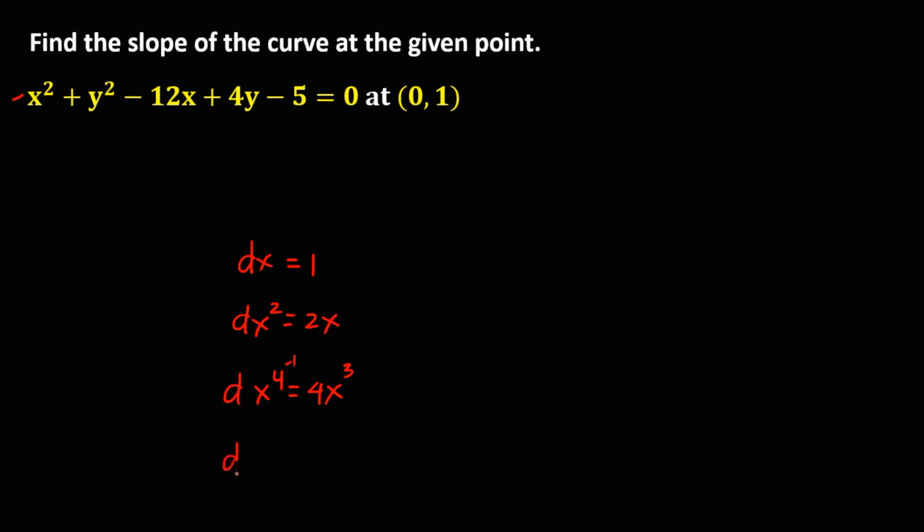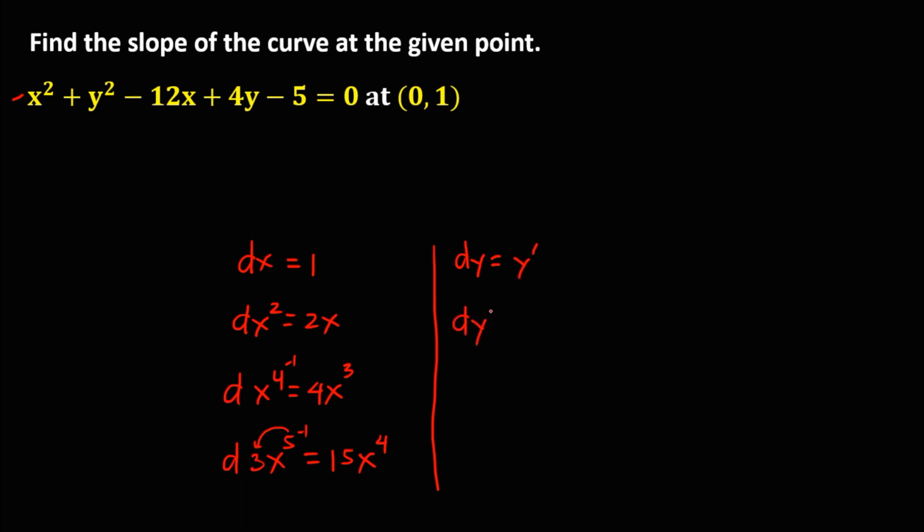And for the derivative of 3x to the power 5, multiply these numbers: 3 times 5, that's 15, then x, minus 1 for the exponent, so to the power 4. Then the derivative of y is y prime.